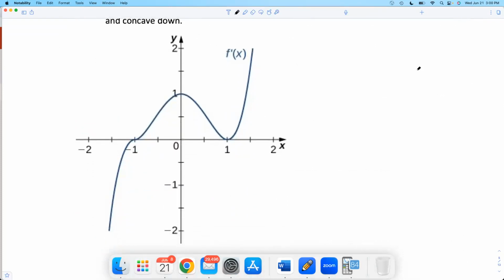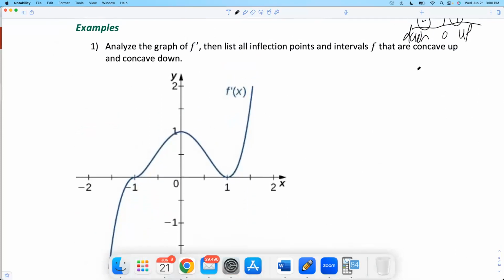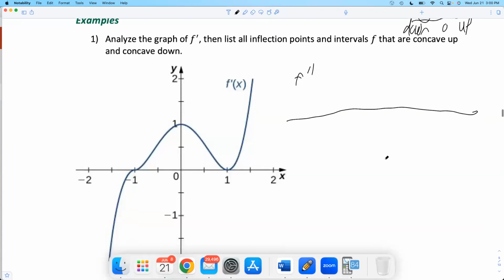Okay, let's take a look at this guy, and we're going to find all the inflection points. Now this, we've got to be careful here. We're looking at the graph of the derivative. So let's write out some stuff here about the second derivative. So that's already the first derivative here. So we're taking the derivative of the derivative.